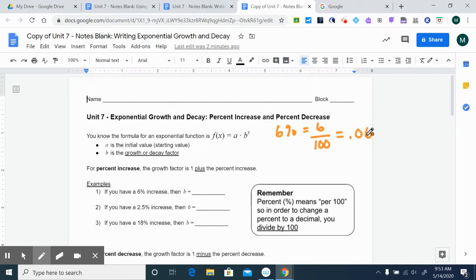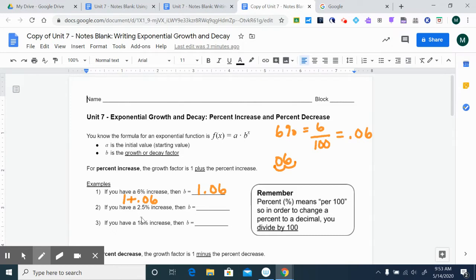We can shortcut that by taking your 6%, here's your decimal place, and scooching it to the left twice. Where I have my little empty hump, I put a 0, and I get 0.06 that way. So if we have a 6% increase, we take 1 and add the 0.06 to it, which gives us a B value of 1.06.